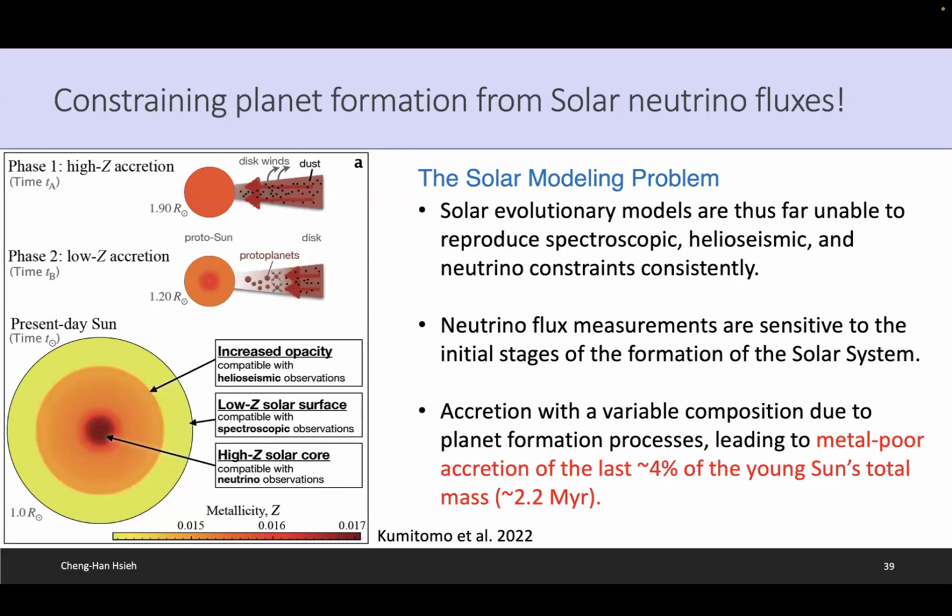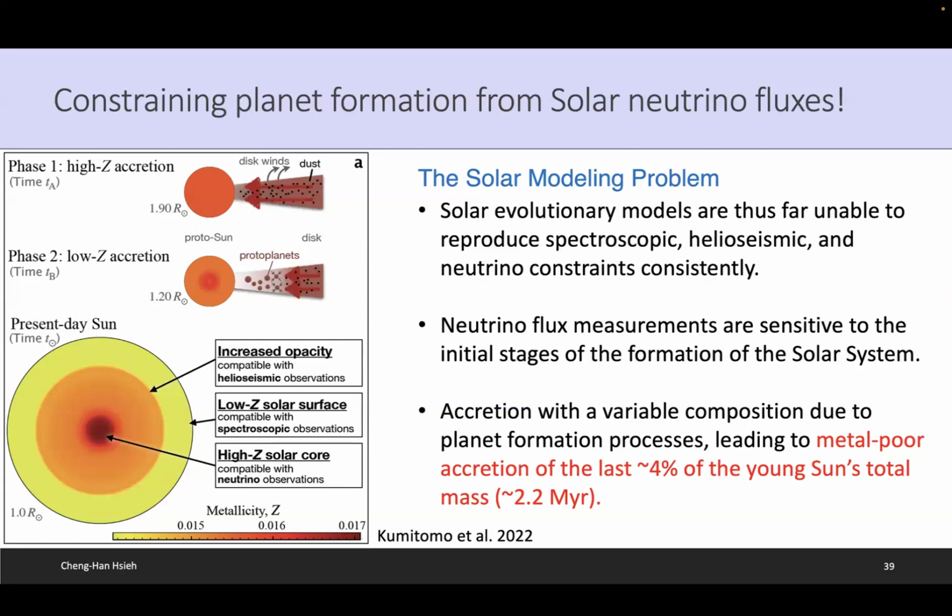So early on, you have a lot of metals, I mean dust. A lot of dust is freely accreted onto the central protostar, our Sun. This helps build up a metal-rich core. And once the protoplanets start to form, they will carve out gaps and prevent the dust from drifting inward.